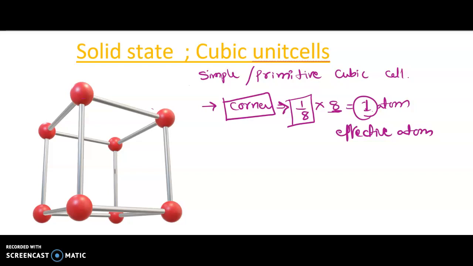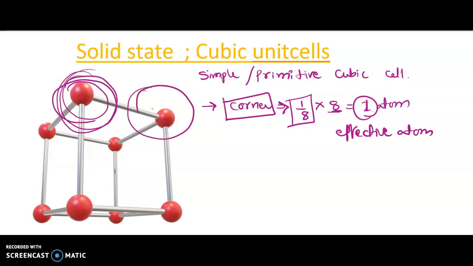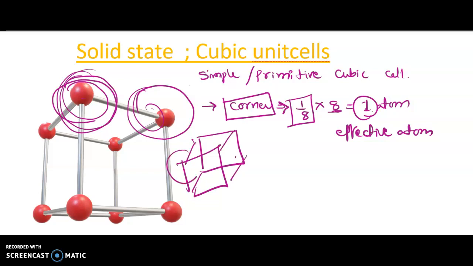And in reality, these corner atoms touch the next corner atom. If we see this in reality, they are in touch together.